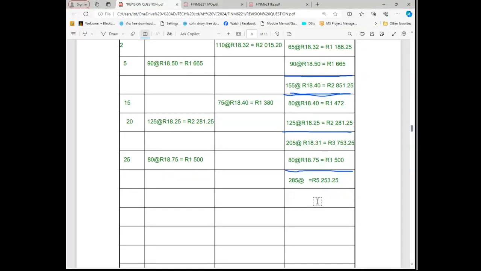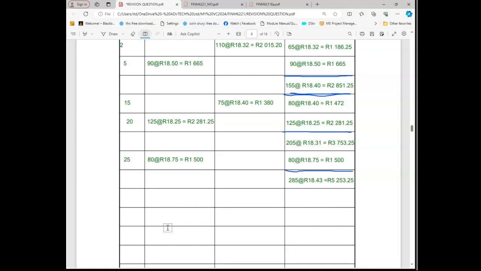Then you take that amount and divide it by 285 units, which is then 18 rand at 43 cents. Perfecto so far.